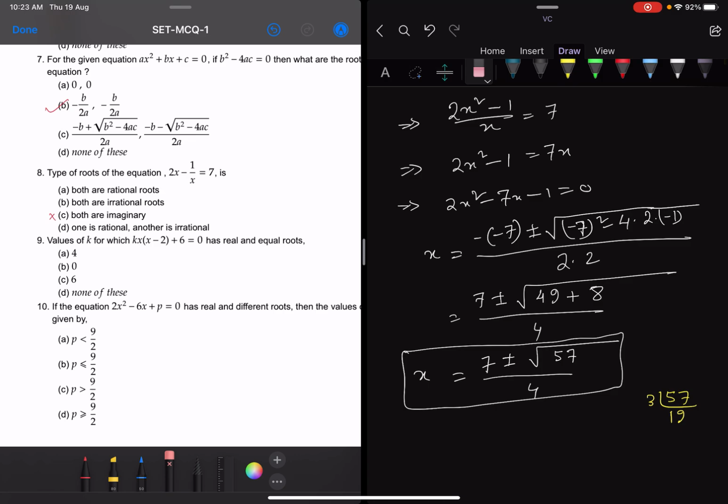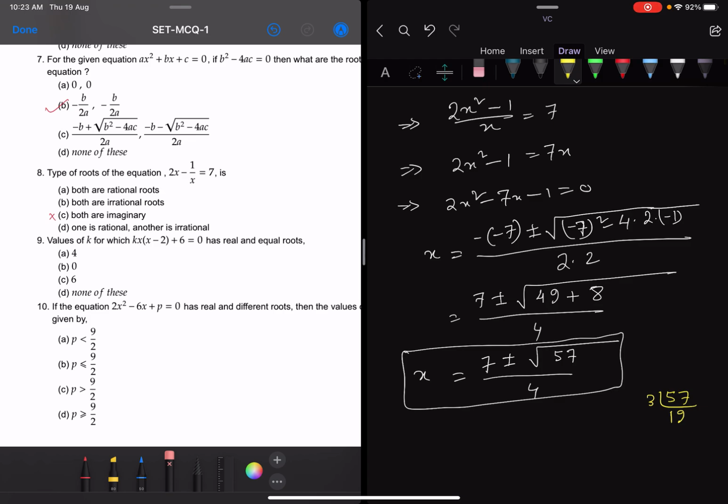Now as root over 57 becomes an irrational number, adding it to or subtracting it from 7, the total number will also be irrational.